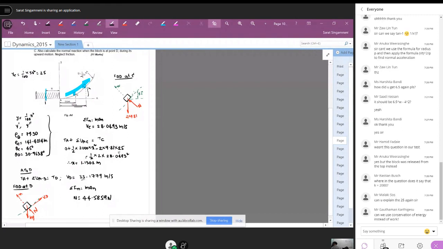Any other question? Can we use conservation of energy instead of work? Yeah, why not? Because there is no friction here. You can use conservation of energy equation also. You will get the same result.